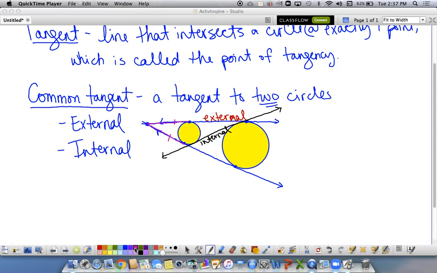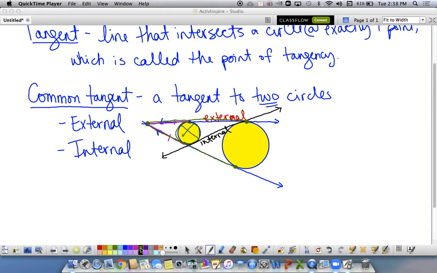Correct? Yes. What about, I'm going to change colors again, if I go from this external point all the way to the second circle, and this common point all the way to that external point? What about those green lines? Pretending that this small little circle wasn't there. Would these green lines be congruent?